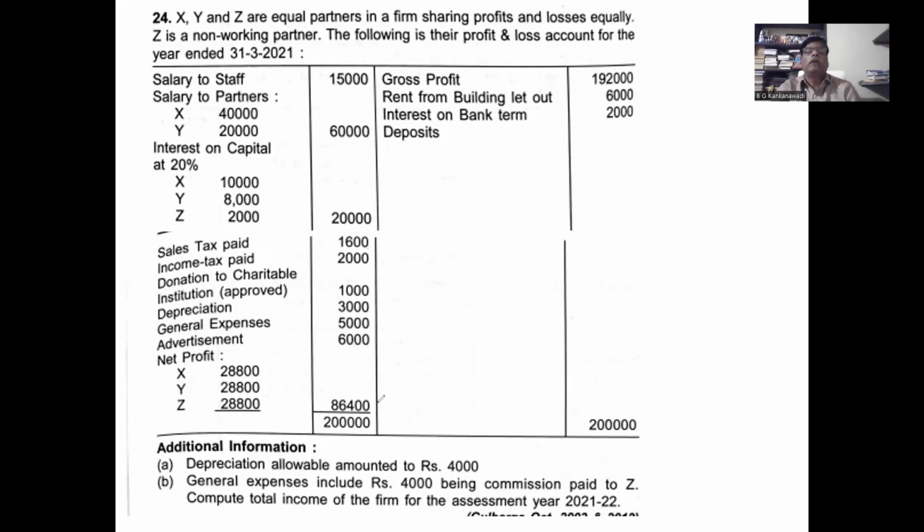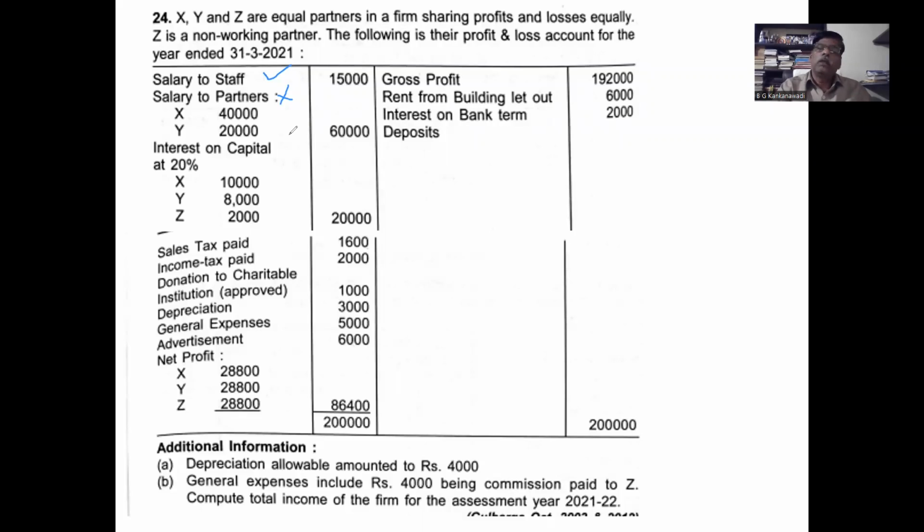You add disallowed expenses: salary to staff allowable, salary to partner disallowed, interest on capital 20%. So out of 20%, 12% is allowable, the excess is 8%.